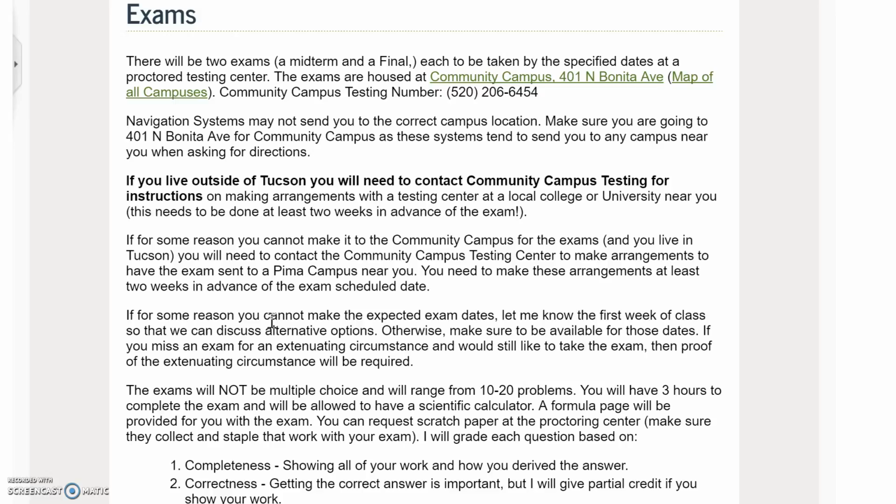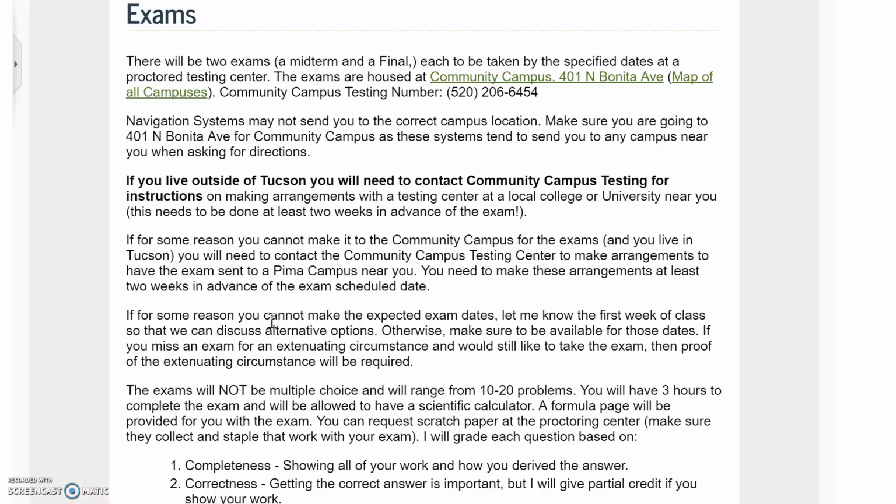And what they will do is get your exam set up at another proctored environment, usually another college. So if you're close to a different college in Yuma or in Los Angeles, wherever the case may be, you can find that location, let the testing center know, and then they'll get that exam sent over.